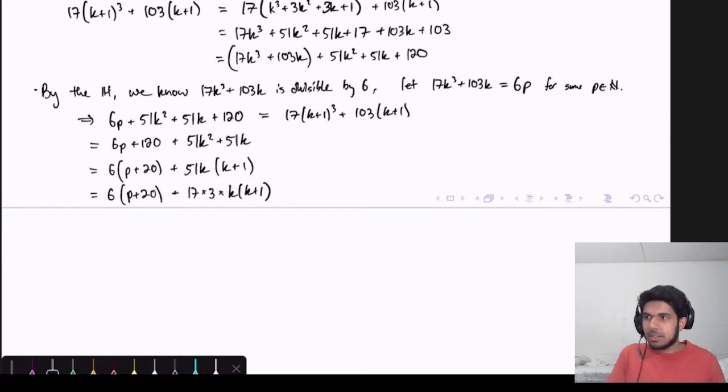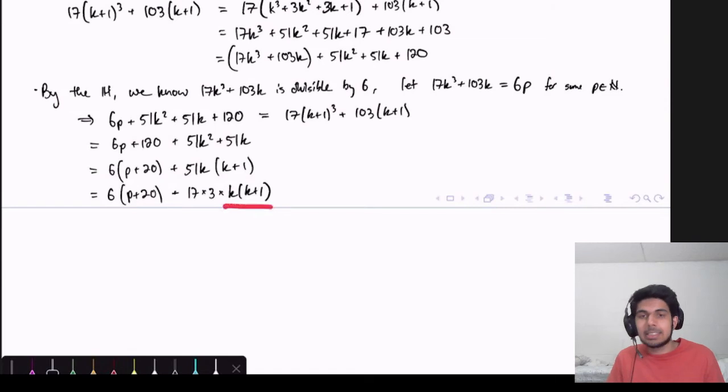Maybe we need a 2 term in there. And we can show that a 2 term can be present because we have k times k plus 1. What can we say about the product of k and k plus 1? Well, let's just put in a random value for k. Let's say we put k equals 3, and k plus 1 is 4. 3 times 4 is 12. Okay, what if we put k equals 7? 7 times 8 is 56.